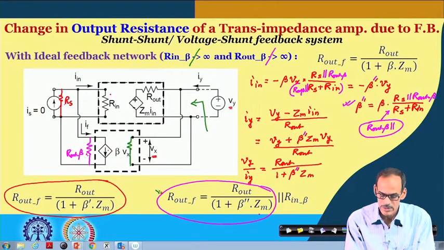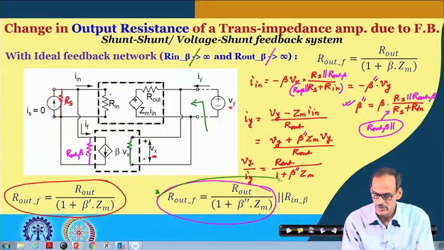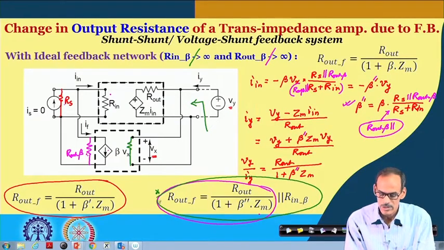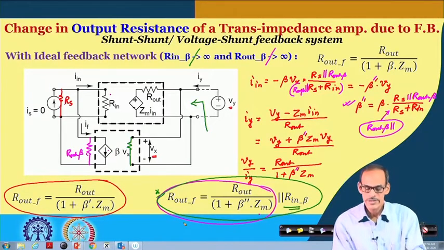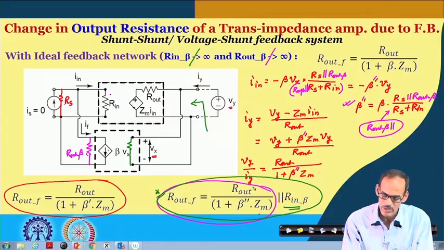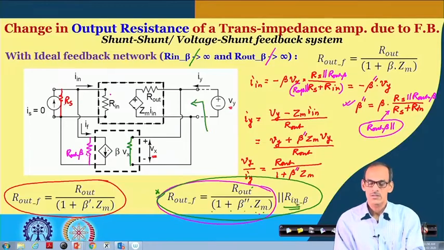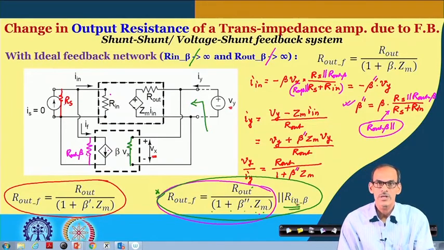So, the net resistance, if I consider all the 3 non-ideal factors, will be R out f, with the expression R out divided by 1 plus beta double dash into Z m, in parallel with R in of the beta network.